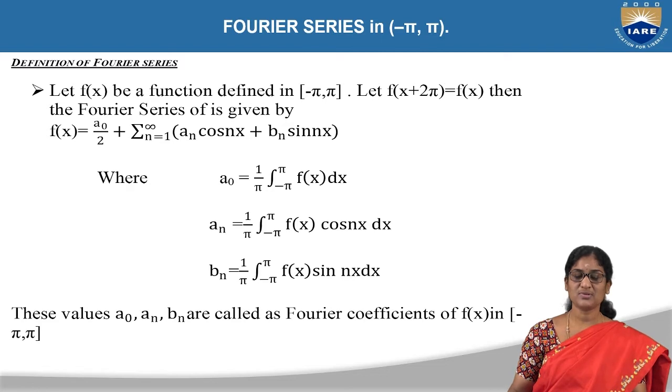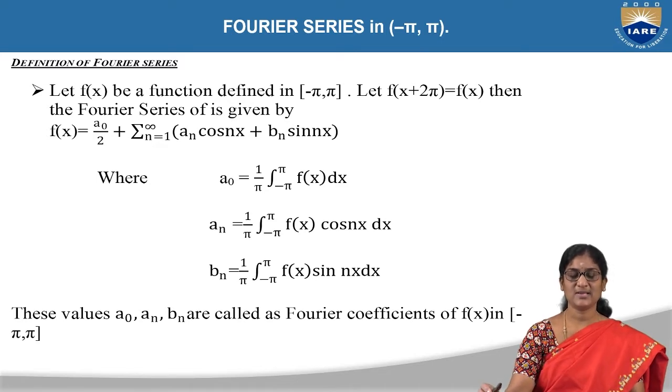Before going to the problems, let us recapitulate the formula regarding the Fourier series. Let f of x be a function defined in the interval minus pi to pi, with f of x plus 2 pi equal to f of x. Then the Fourier series is given by f of x equals a naught by 2 plus summation n from 1 to infinity of an cos nx plus bn sin nx.